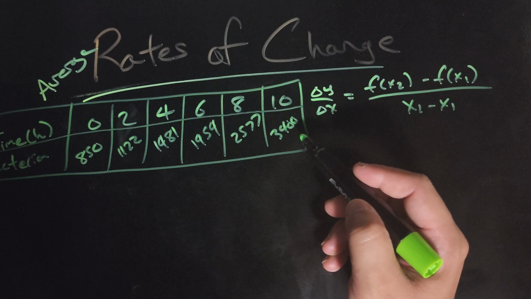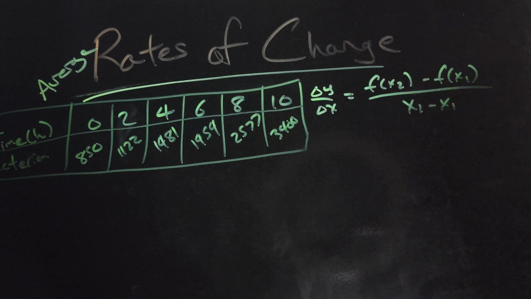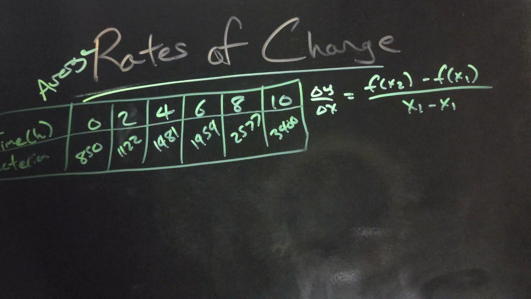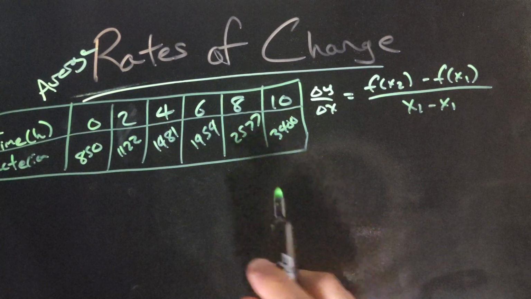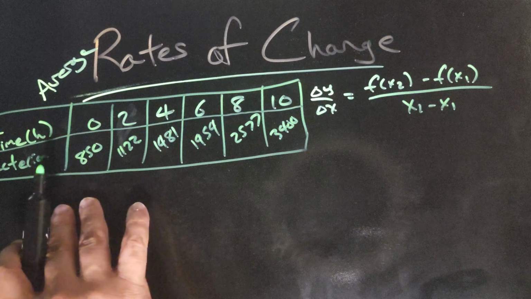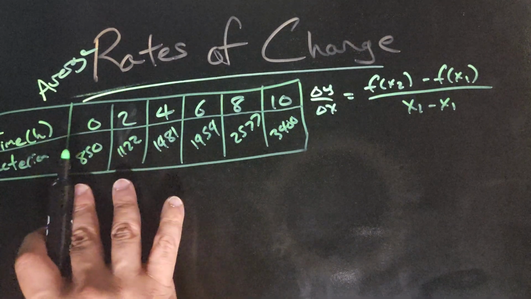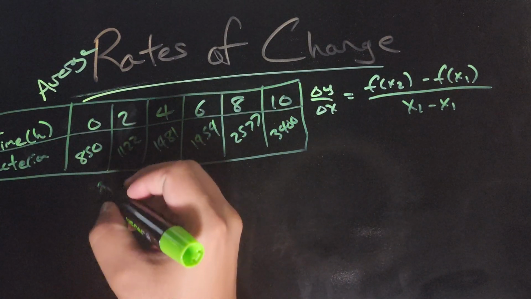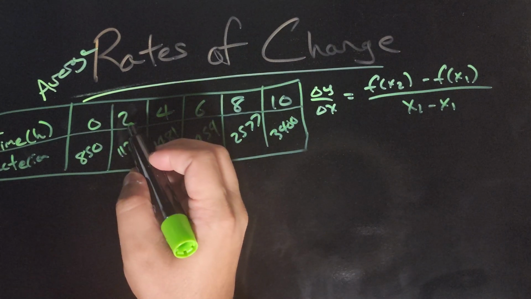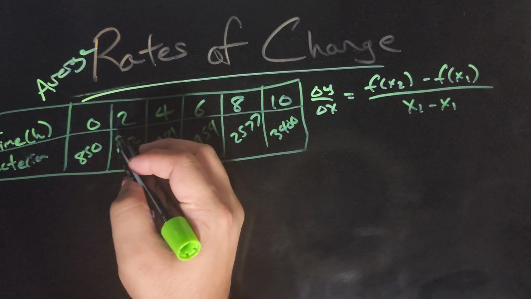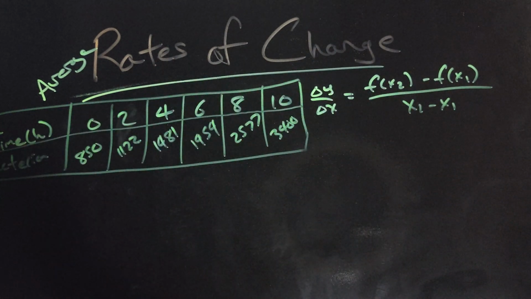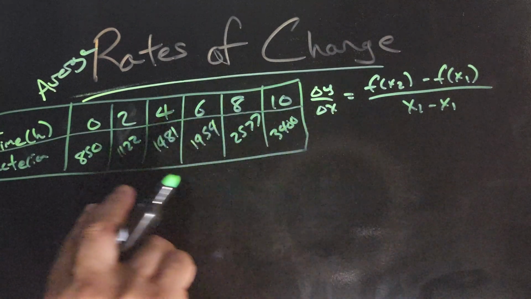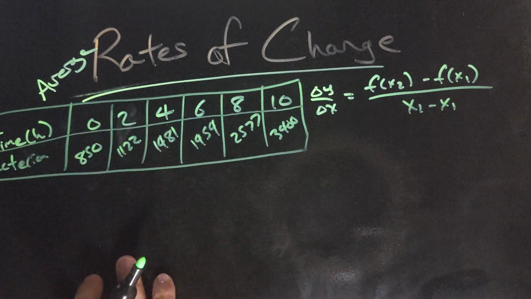So say we want to look at the rate of change, and we want to see the difference in the rates of change between each one of these intervals. So let's look at 0 to 2 hours first. How much bacteria did we grow in the first 2 hours?